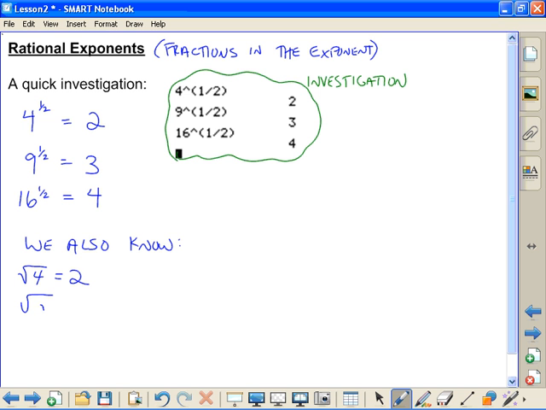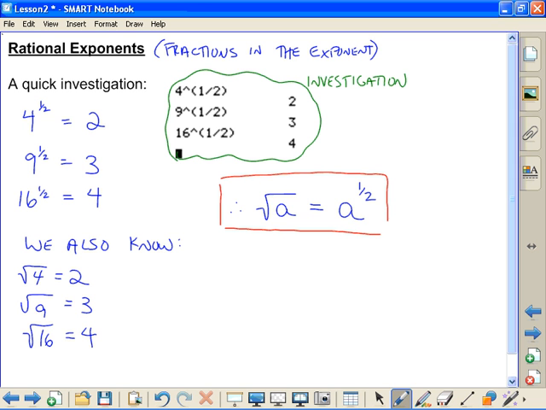If I took the square root of 9, it would give me a 3. The square root of 16 is going to equal 4. So our conclusion, or our summary, is that the square root of a is the same as saying a to the 1/2.